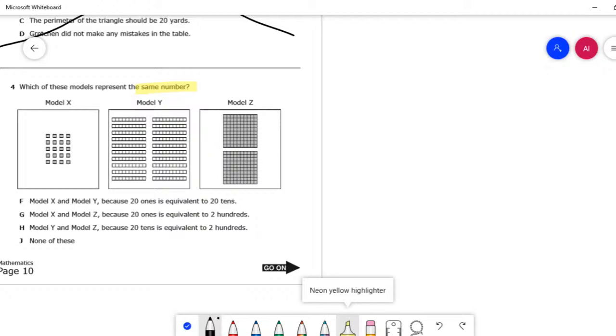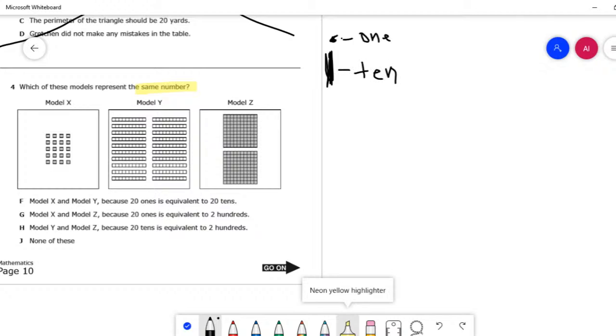So the way that these models are shown is that they use something called units, rods, and flats. So the idea is that each one represents a different place value. I will put, so for a unit where I've just put a dot, it stands for 1. So it's pretty much ones place. A rod, which I'll represent with just like a long bar, this represents 10.